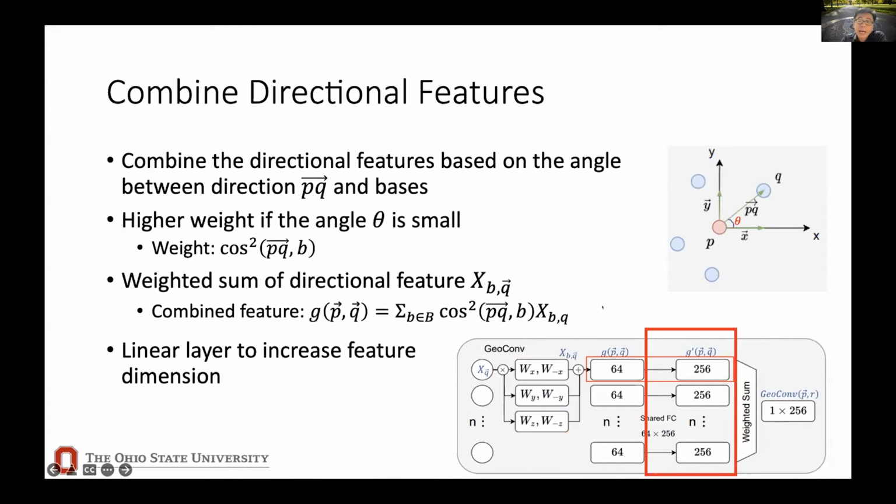So I upscale every particle from its own 64 dimensions to 256 dimensions, such that I'm able to allow more information to be represented by the particle.